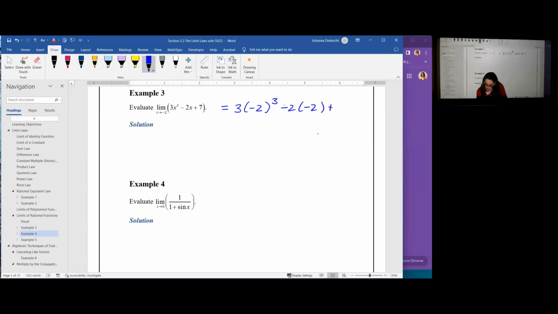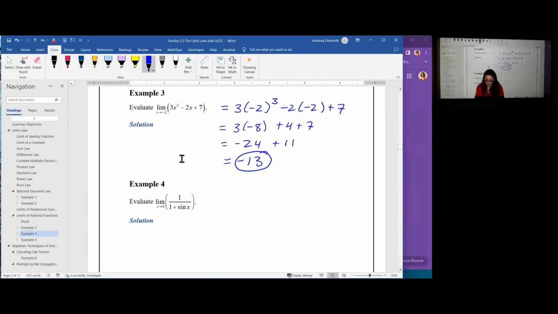When I substitute this in, I end up with 3 times -8 plus 4 plus 7, which is -24 plus 11. And -24 plus 11 is going to give me -13. That is a finite real number. That's the value of the limit. As x gets close to -2, the y value gets super, super close to -13. In fact, it hits it.